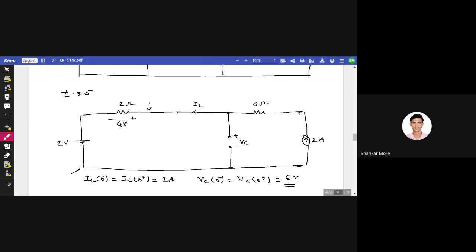No, it isn't, because we cannot determine the voltage across a current source. That's the thing. So that's why we are taking the help of the left side circuit, and not the right side circuit, because there is a current source there. Yes, we can calculate the voltage across a current source, but these are special cases. Okay, so 6 volt has come here.